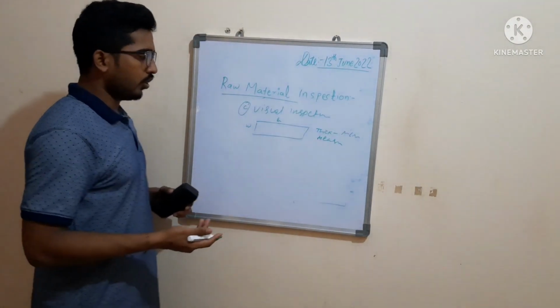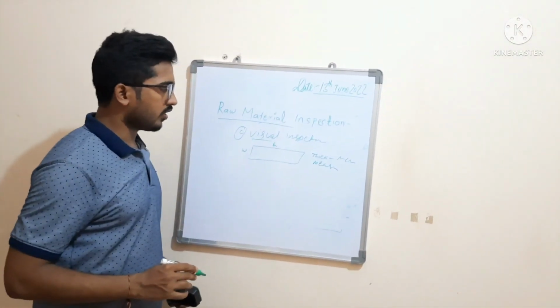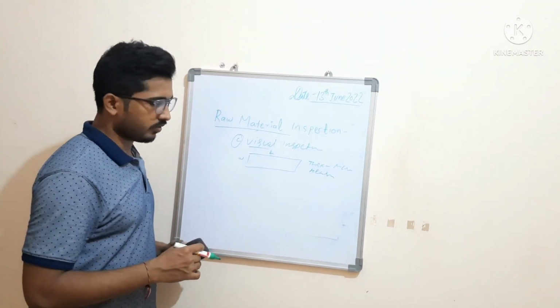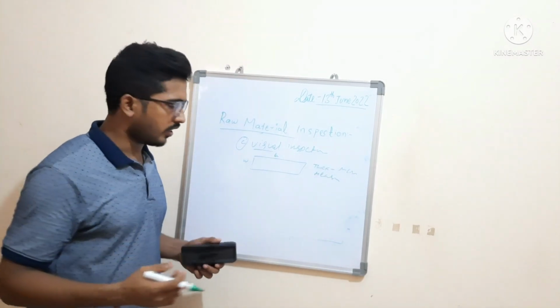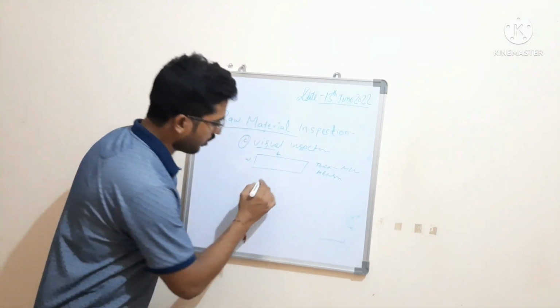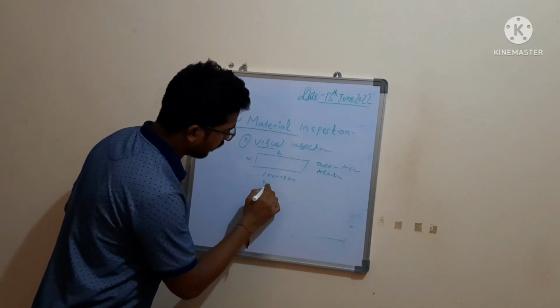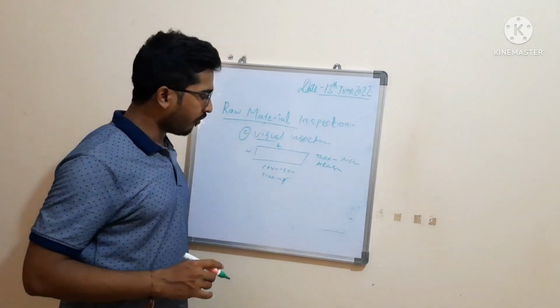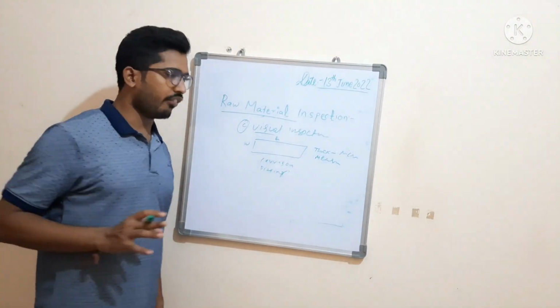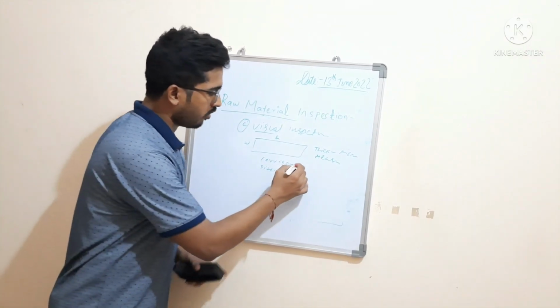After that, we should be concerned about visual inspection, in the sense of what you inspect here. We inspect the quality of the material. Quality in the sense of corrosion and pitting. There should not be corrosion on the material. If a material comes in contact with the environment, corrosion will happen.